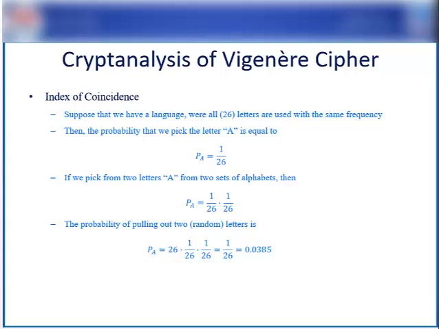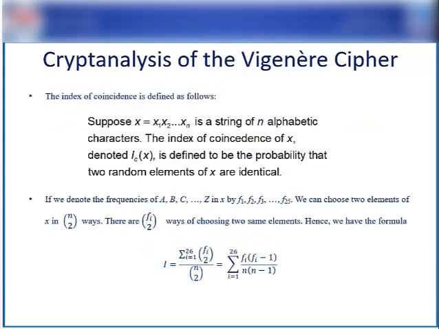The index of coincidence is the probability that two random elements of a ciphertext are identical. We denote the frequencies of letters A, B, C, and so on up to Z in some text, which we denote by X, where X is a sequence of letters. If we denote the frequency of occurrences of letter A, for example, by F1, the frequency of B in the ciphertext by F2, and so on, we can choose two elements of X in N choose 2 ways.